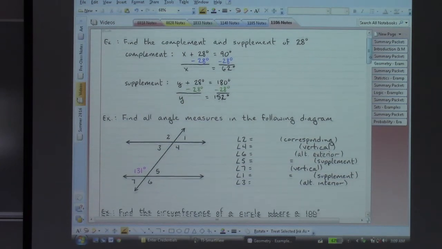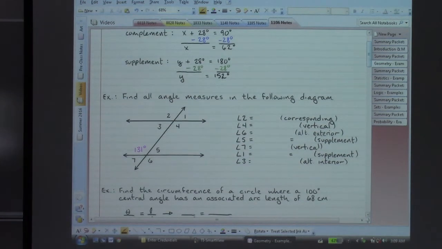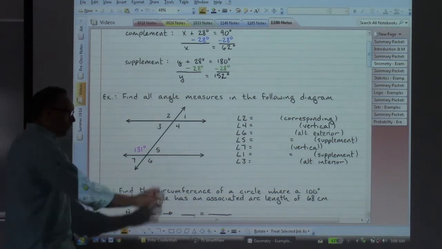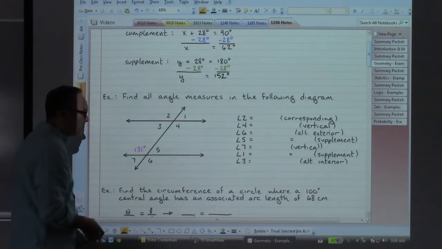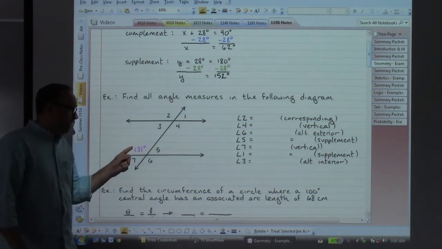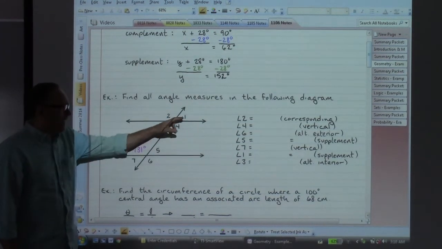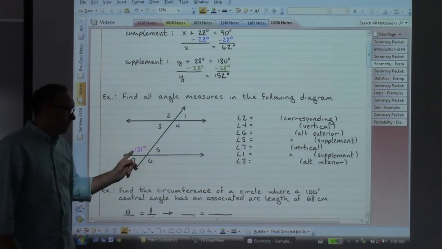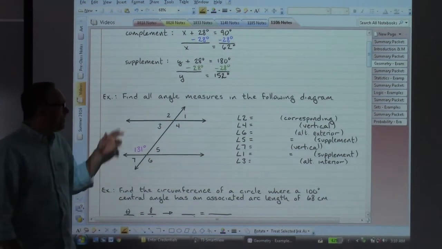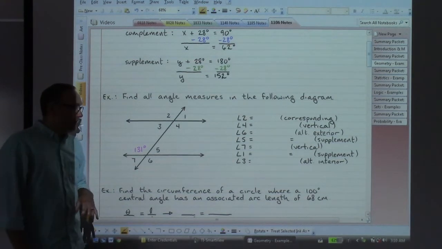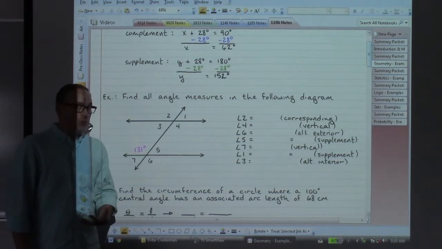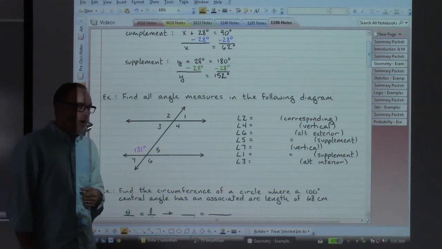Our next example uses the relationships between angles where we have our parallel lines and our transversal. So we have one angle that is given. Out of the 8 that appear, we have one that's given, and we are asked to find all of the other angle measures in the diagram, which we can do even though we've only got one measurement.